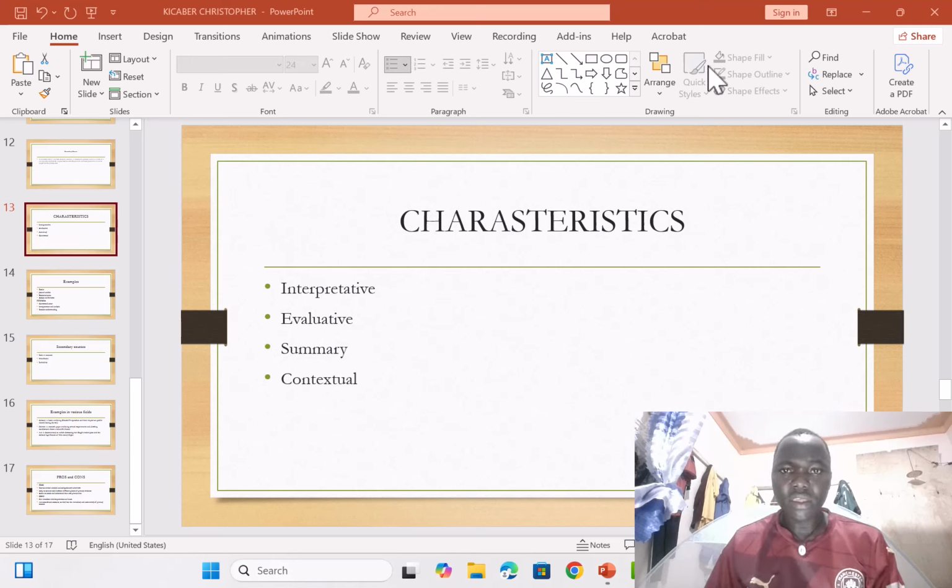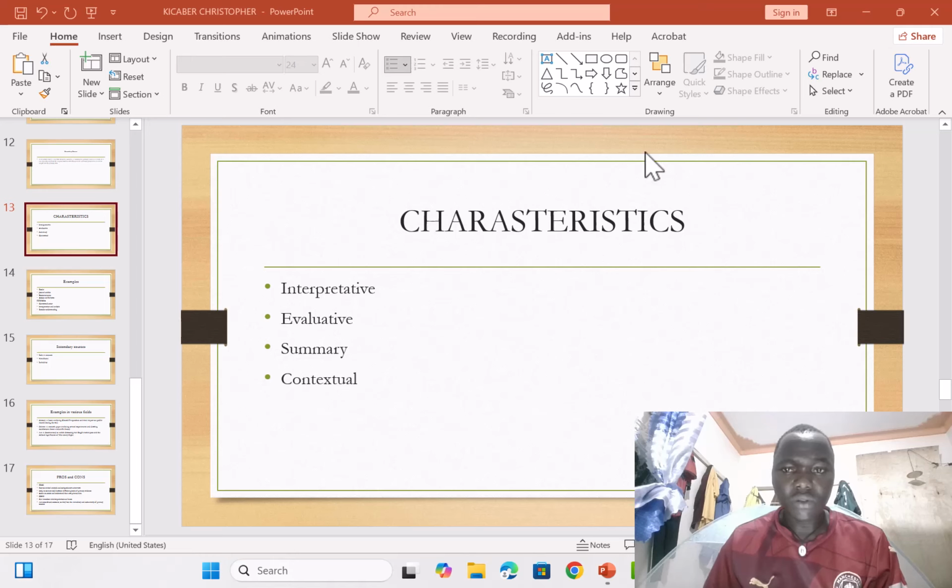Now summary: it summarizes all the primary source information to make it less bulky. Secondary sources connect all that primary information and summarize it in a more simplified way that can easily be accessed by the learners.